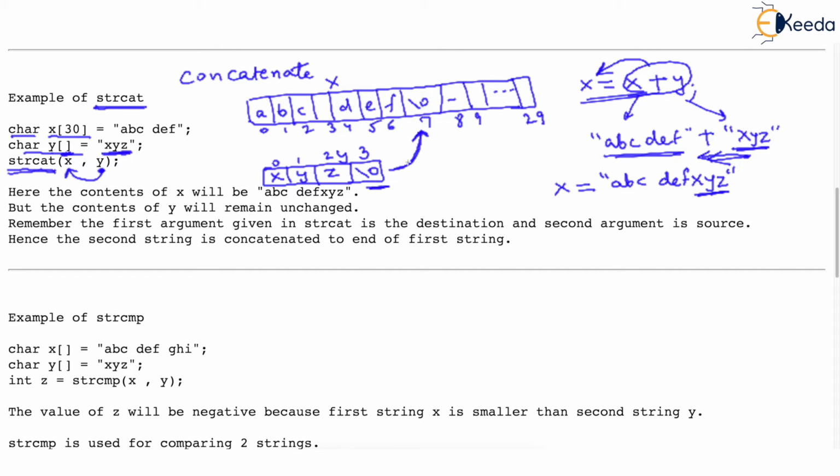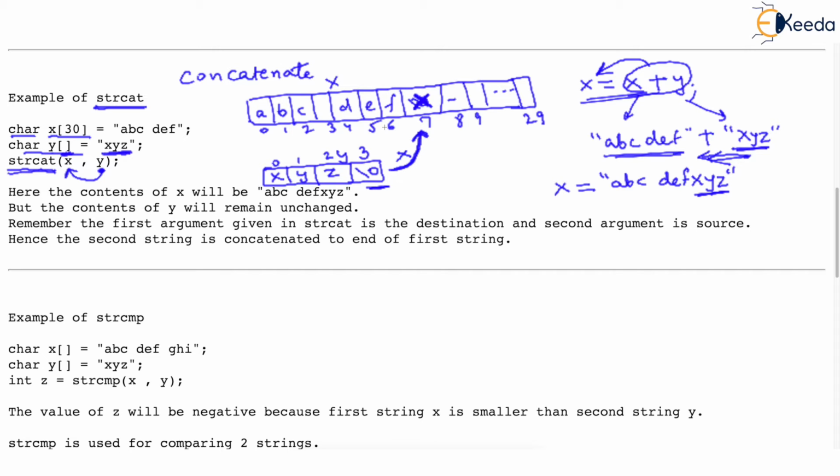So what will happen? See, Y is XYZ. So the first letter X I am sending at the place of \0. Check how \0 will be erased, and in that place X will be stored. Why \0 only? Why not some other letter?